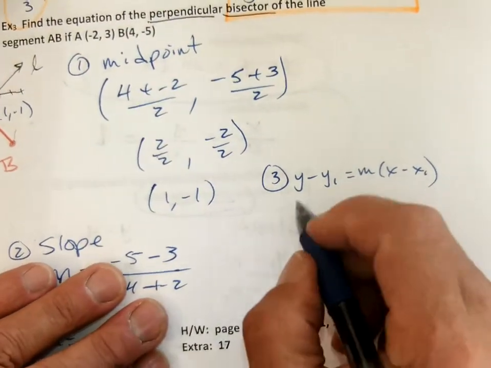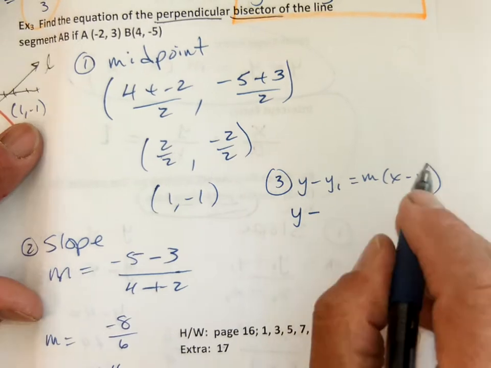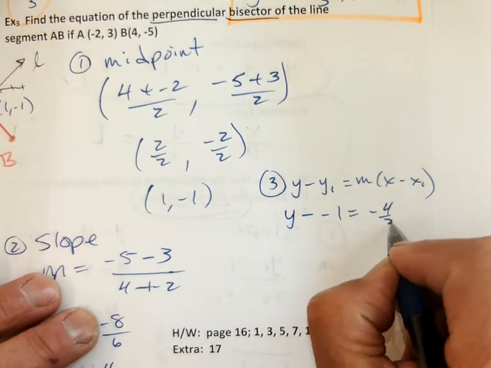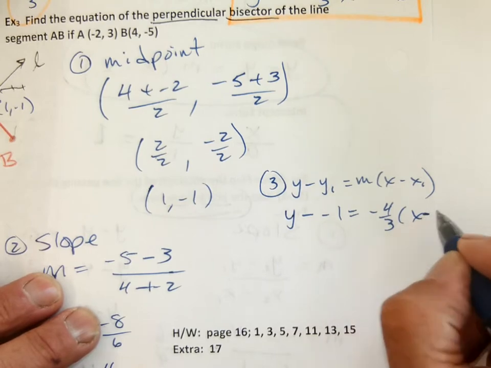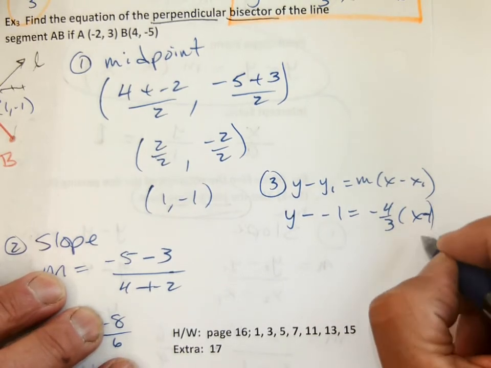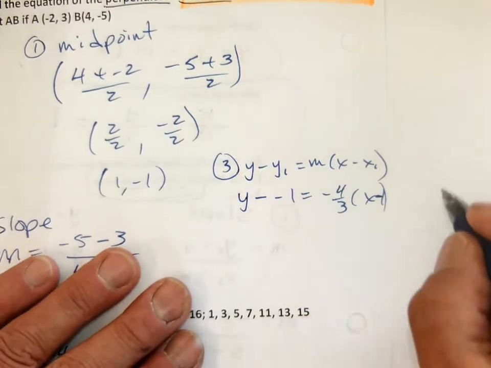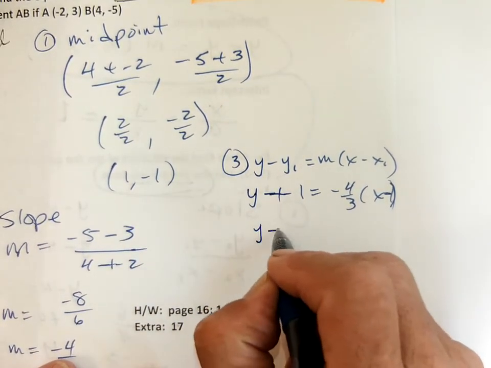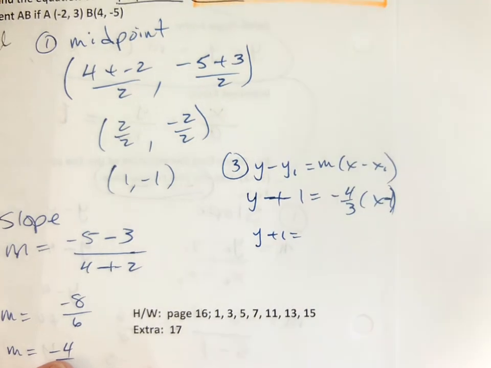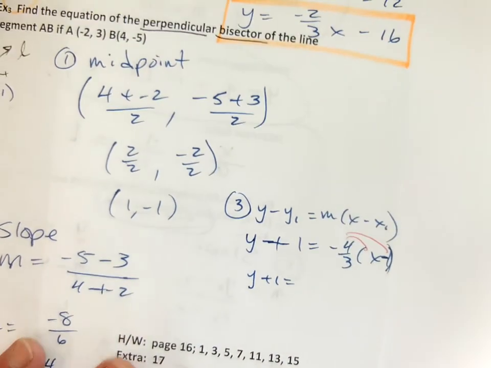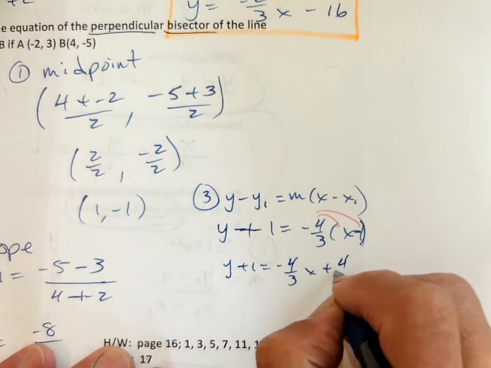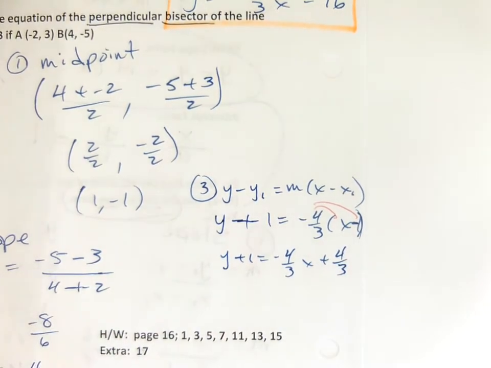So, I'm going to go y minus, let's see, y1 is a negative 1 equals m, negative 4/3 times x minus 1. Oh, I'm running out of room, sorry, it's a little squished in there, you guys. Make that a plus, y plus 1 equals, I'm going to distribute, I'll get a negative 4/3 x plus 4/3, right?